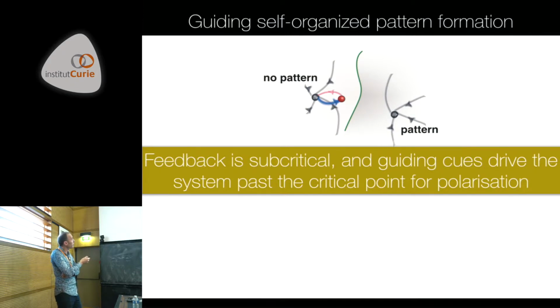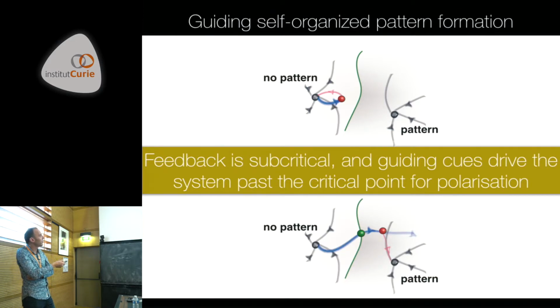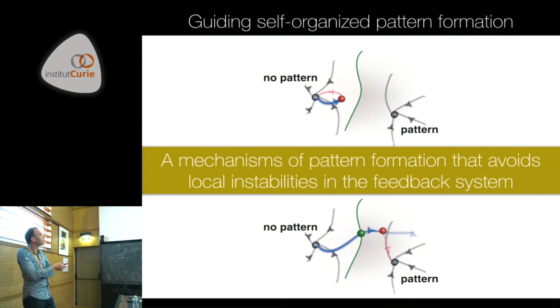If you want, there's a dynamical system with two stable states, unpolarized and polarized, basically two attractors here. If you let go too early, the system would come back to the unpatterned state, and what the cues really do is drive the system well past this critical point, and then they let go, and the system just evolves to the pattern state.